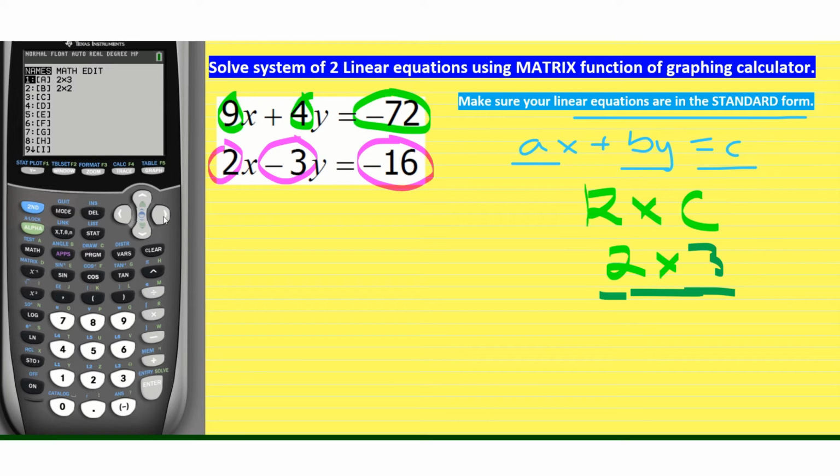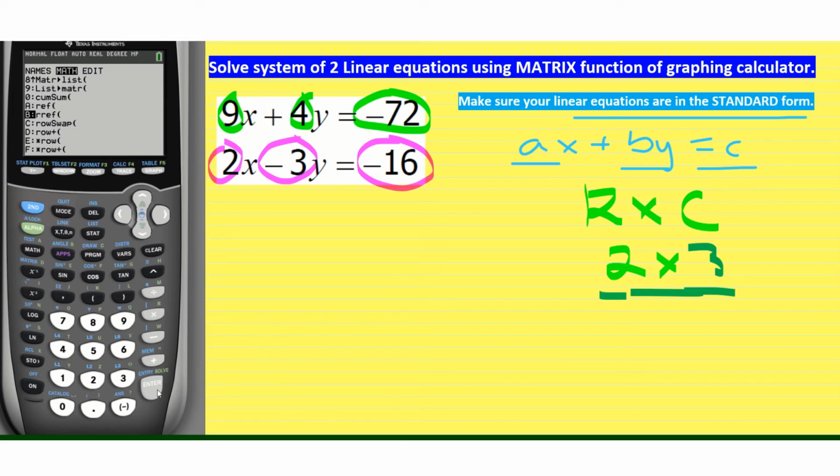I now need to go to the math options, which will give me all kinds of options for calculations. So I want to go to the RREF, which is closer to the bottom of the list. I'm going to use the up arrow key, which will move me all the way to the bottom of the list, and if I keep going up a few options, there I will find RREF, which stands for reduced row echelon form.